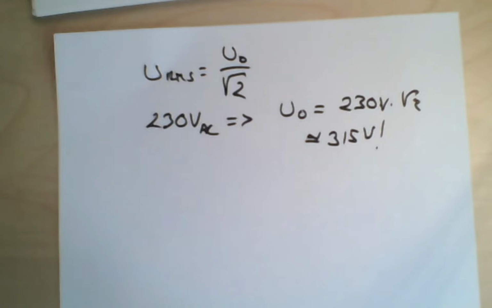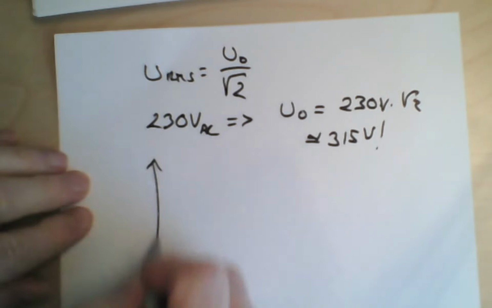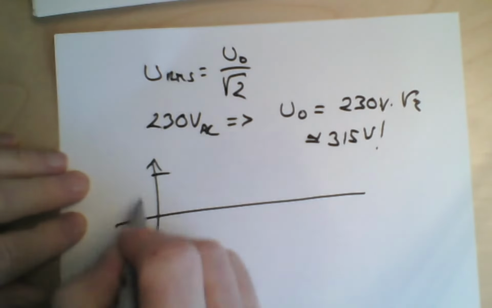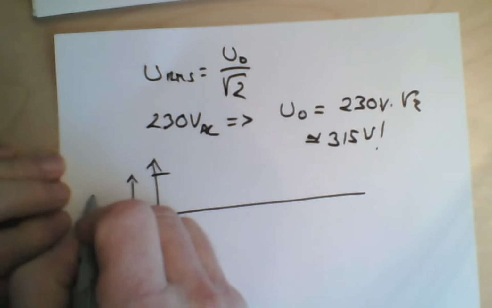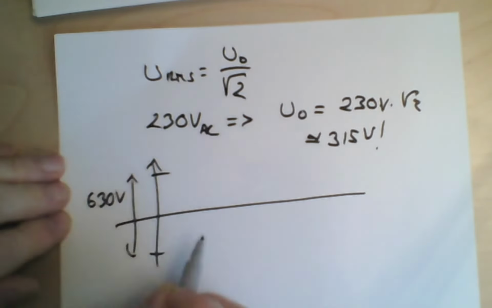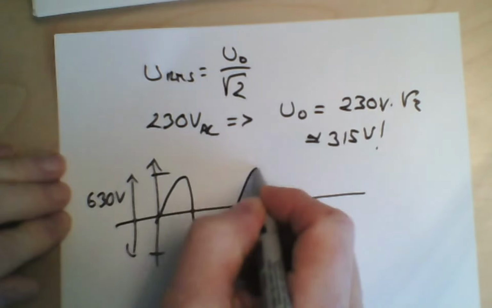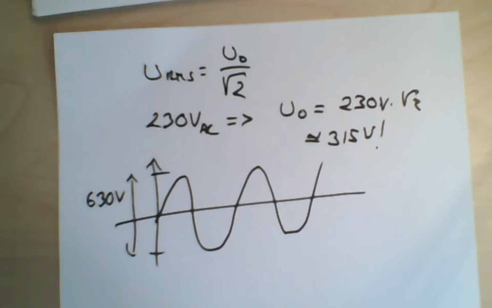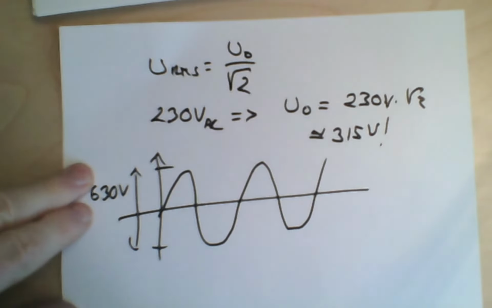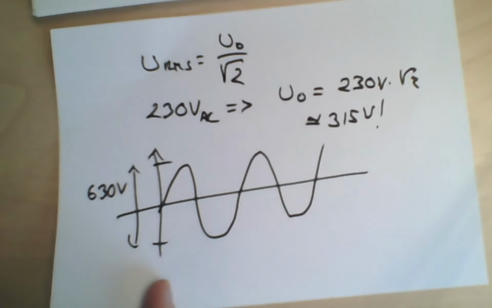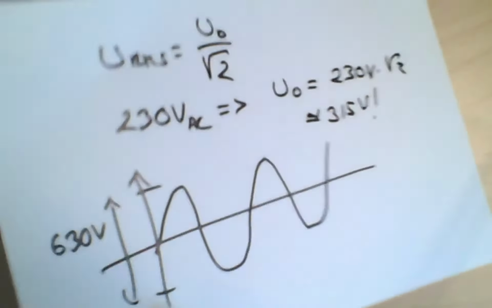Quite high. Peak, that's amplitude, which means peak to peak of 650 volts. When you think of these values here, they kill you if you don't respect the AC outlets. Okay, that's one of the uses of these RMS values.